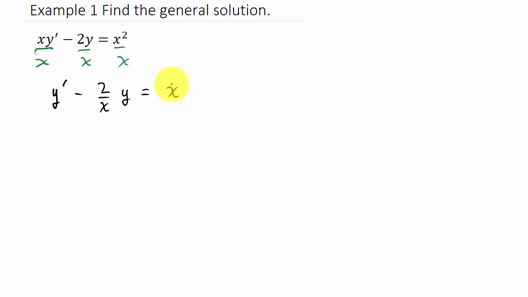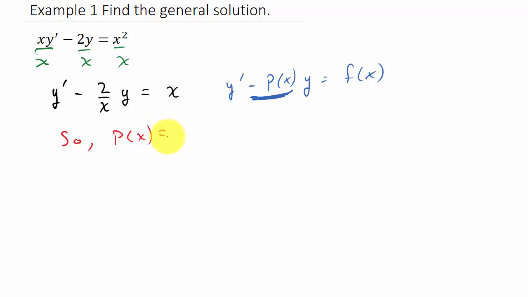Now you can see that I have it in the standard form, y prime minus p of x y equals f of x, and the p of x is the part in front of y. So in this problem, p of x is equal to negative 2 over x.